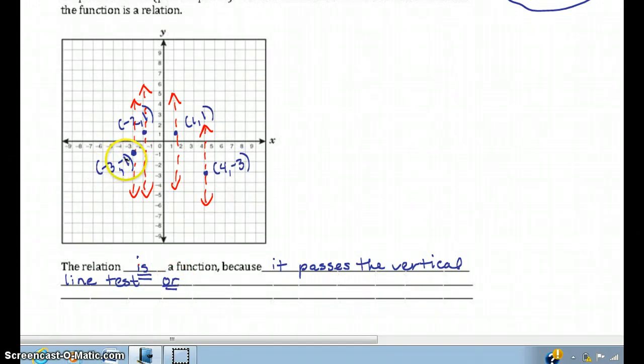So for -3, there's only -1. The input of -2, there's only 1. The input of 1, there's only 1. The input of 4, there's only -3. So for every input, there is exactly one output.